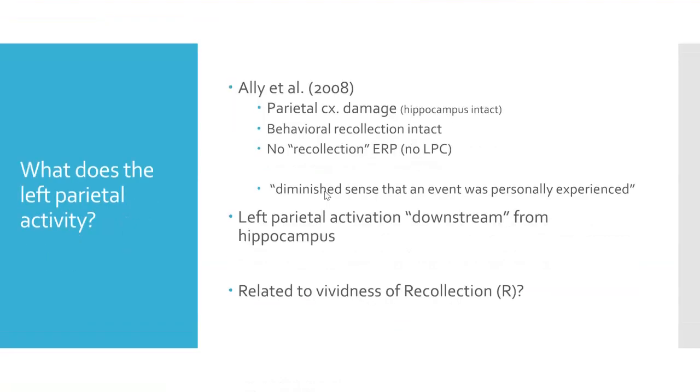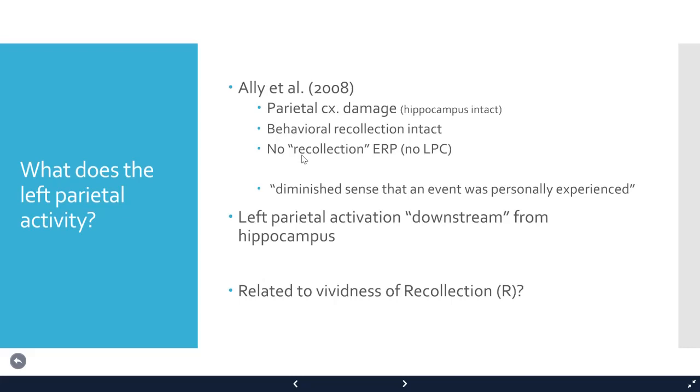And now also, what does the left parietal activity do? As we saw in that slide before, if you're recollecting, you have some parietal activity as well. Some hints to this: Ali et al. looked at patients that had parietal cortex damage. Their hippocampus was intact, and their behavioral measures, like old-new judgments, were intact, but they didn't have that recollection ERP, so there was no LPC for them either.